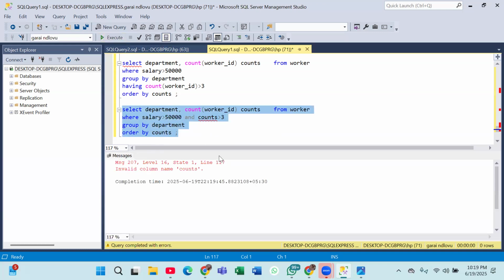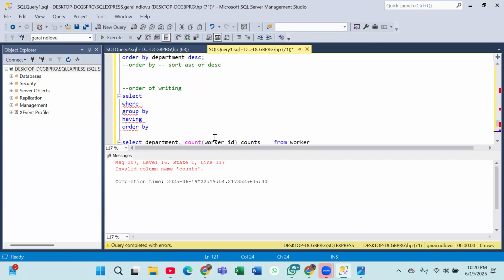In this case also, and in your previous case also, it will not work. Why is it happening that we have given the alias here? We can put this alias in our order by, but we can't put it in our having, or in our where clause also. Why is it happening that way? Let's talk about that now.